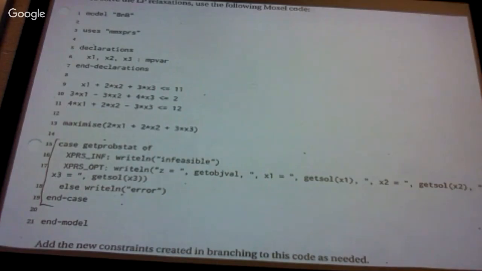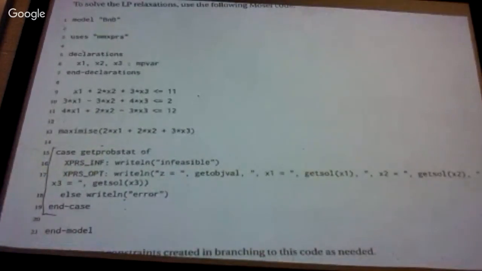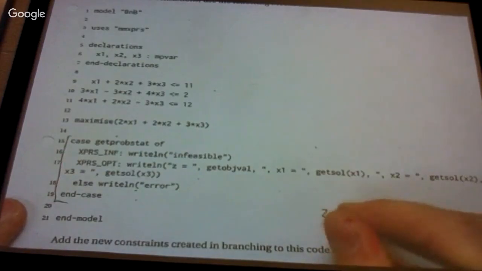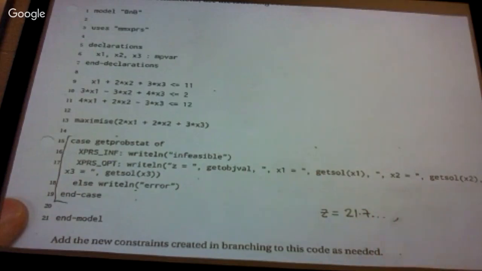So when you do it for this problem S, Z is 21.7 something. X1 is 0.0 something. X2 is 7.